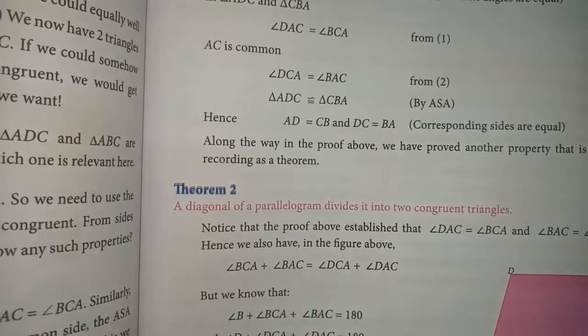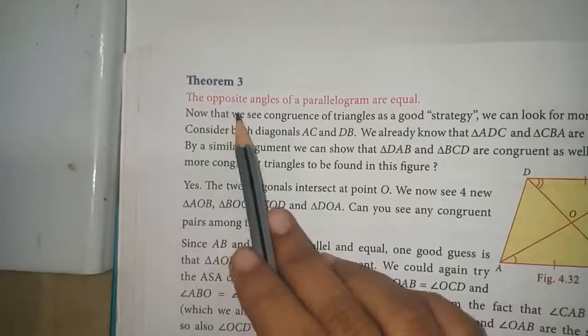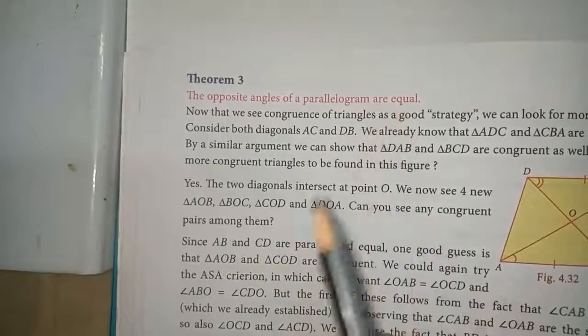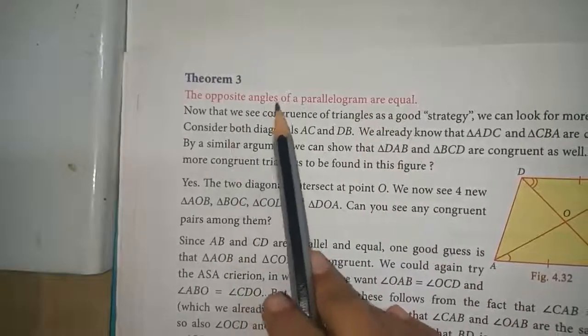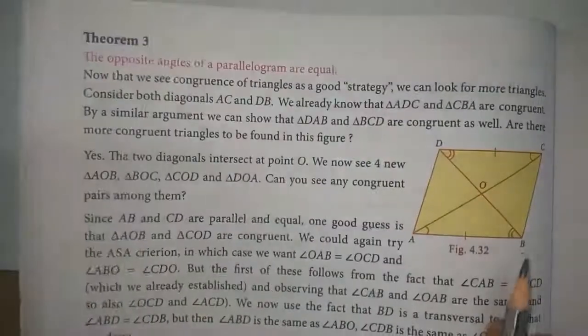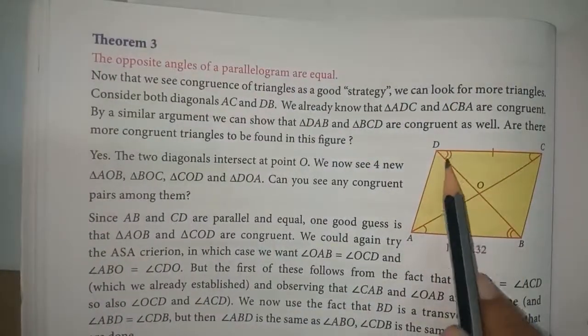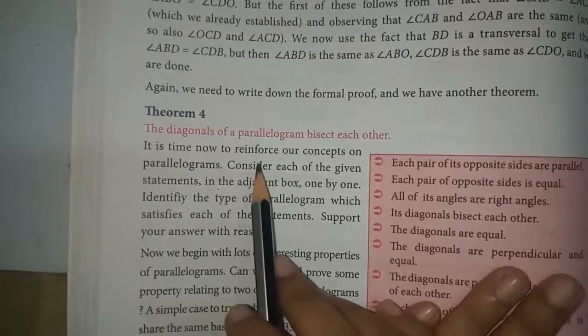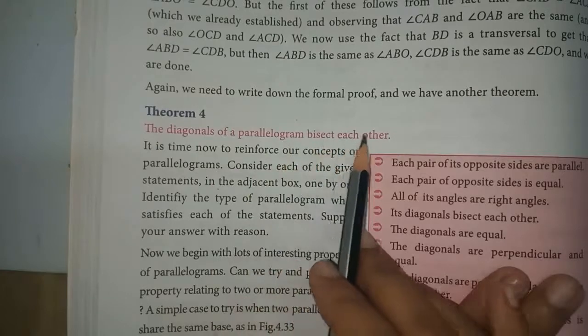This is theorem number 2. Then theorem 3, the opposite angles of a parallelogram are always equal. Theorem 4, the diagonals of a parallelogram bisect each other.